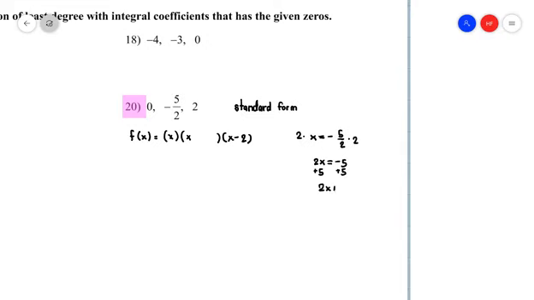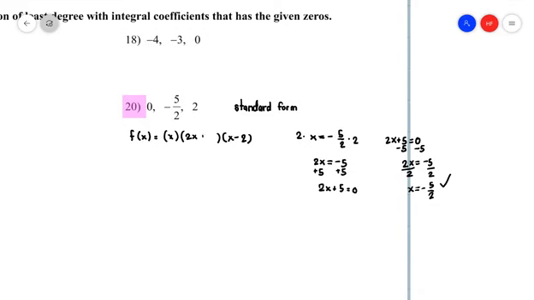And 2x plus 5 equals 0. If you don't trust that you did that correctly, then what you can do is solve it from there. 2x plus 5 equals 0, and subtract 5 as my first step. 2x would equal -5, divide by 2, and x equals negative 5 over 2. And that's what I started with, so I did make that into a factor correctly.